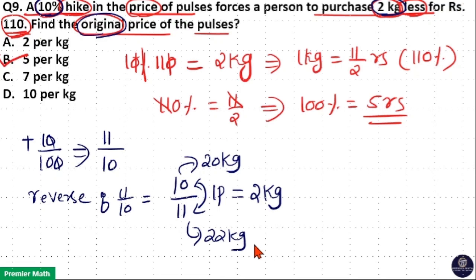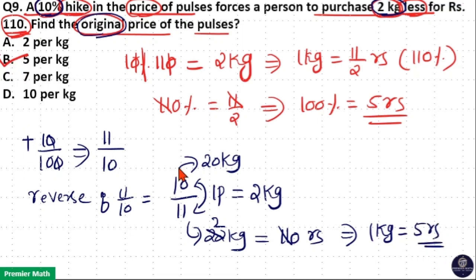Here the denominator is the original one. So 22 kg cost 110 rupees, means 11 goes 2 times in 22. So 2 kg cost 10 rupees, which means 1 kg costs 5 rupees. So option B is your answer.